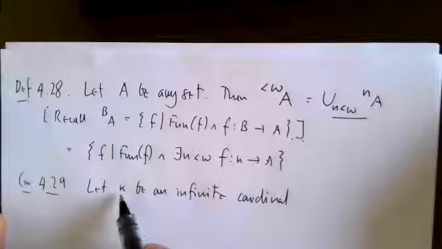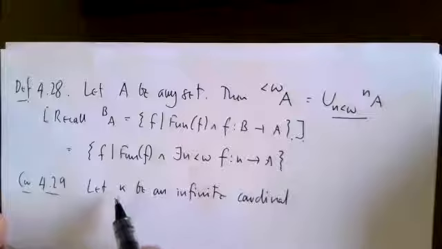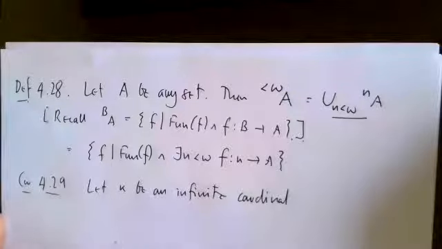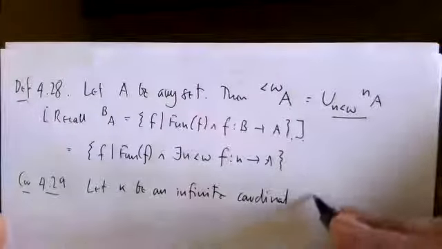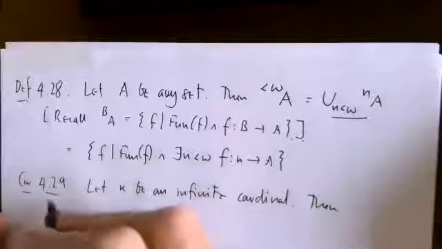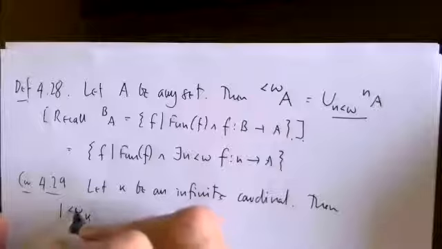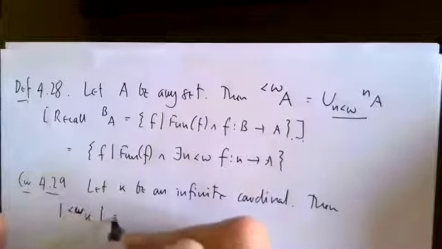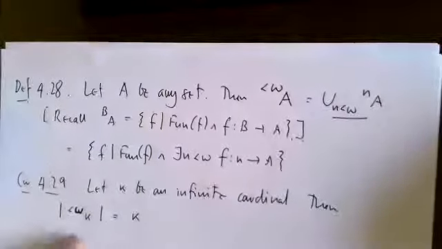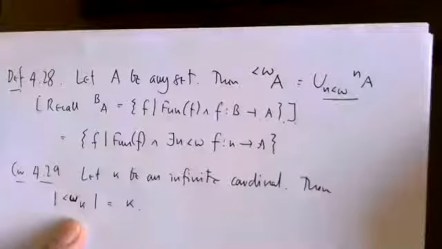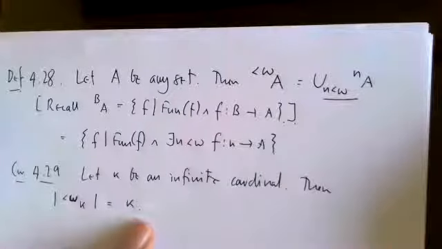Again, this is an ordinal, and it's its own cardinality. There's no bijection between this and anything smaller. So it says the size of this set of functions from finite numbers into kappa is kappa. So that is its cardinality here.